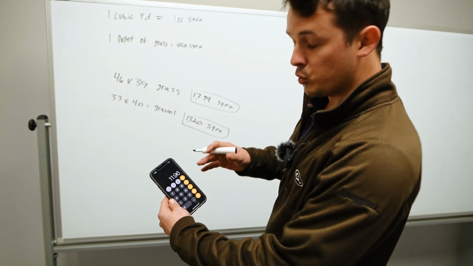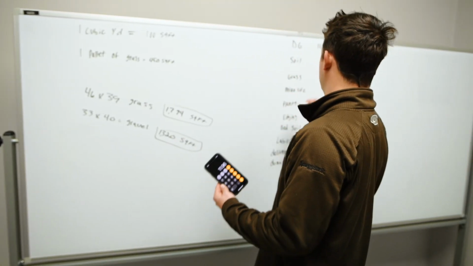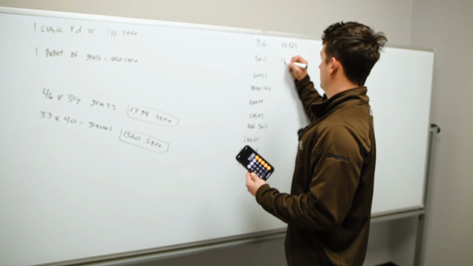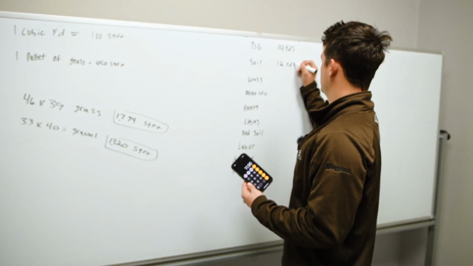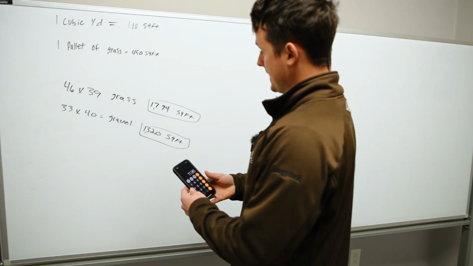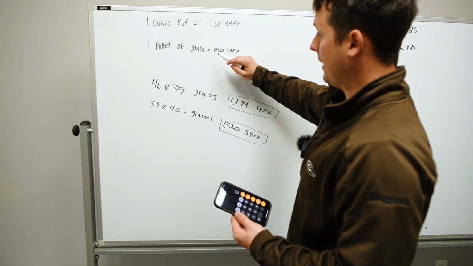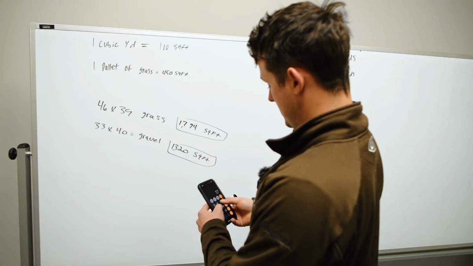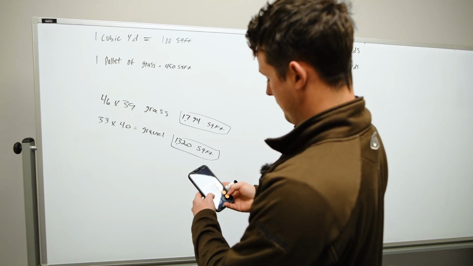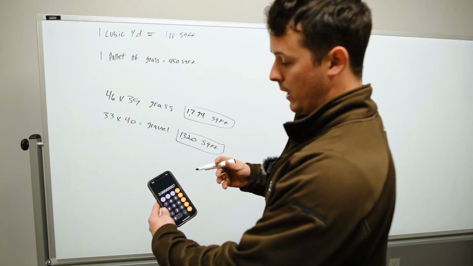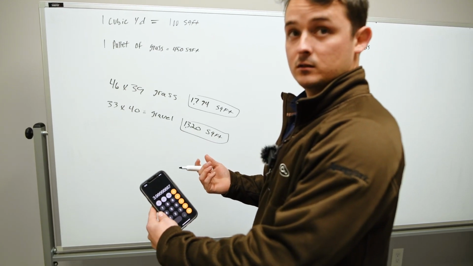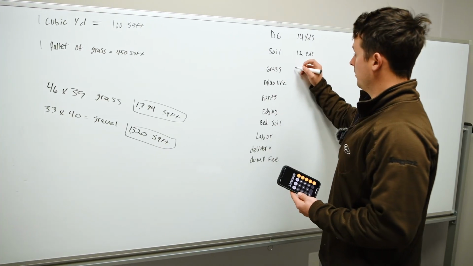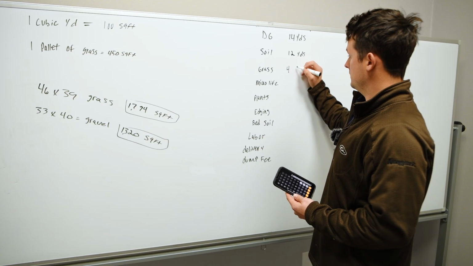And so we're around 12 yards of soil, okay? So 12 yards of soil. As far as the grass, remember one pallet covers 450 square feet. So we're just gonna divide 1794 by 450. We're right around 4 pallets of grass, okay? So 4 pallets of grass.